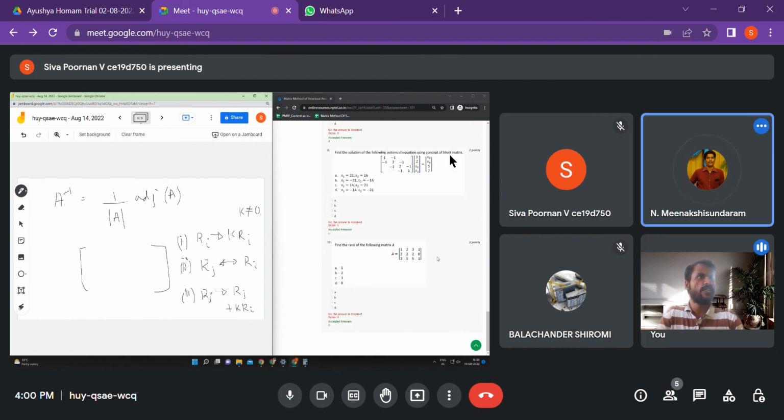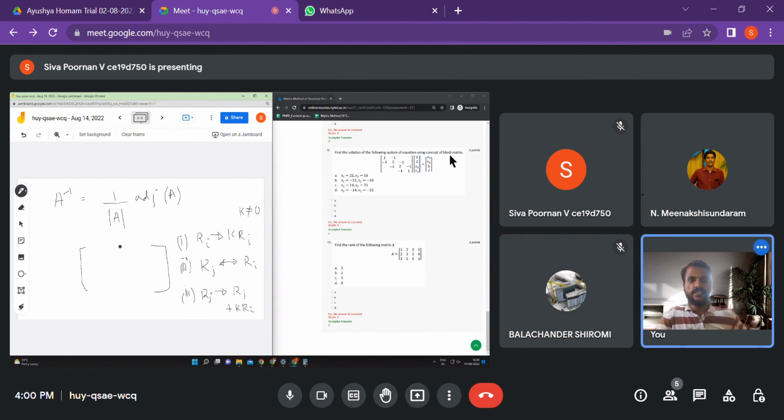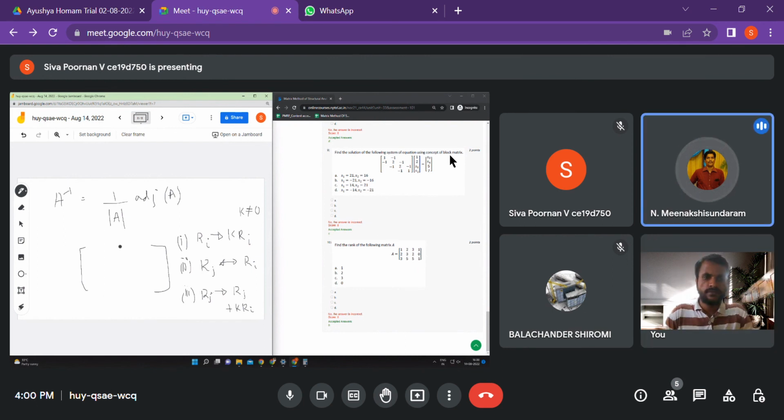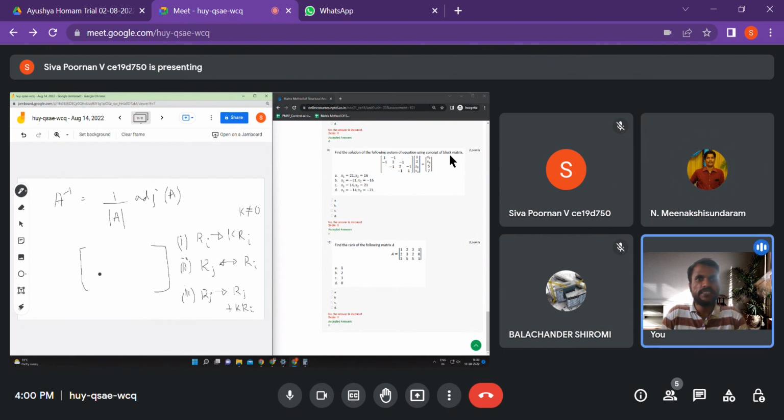Find the rank of the following. What is a rank? What does the rank of a matrix broadly mean? Yes, for the echelon reduced matrix, we have to find the number of non-zero rows.